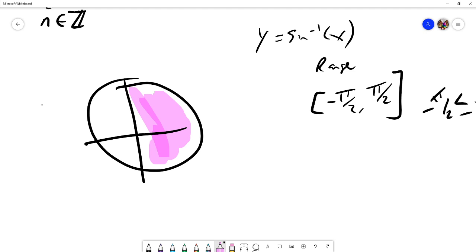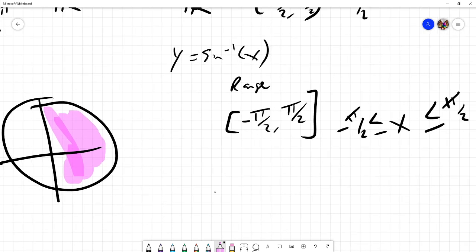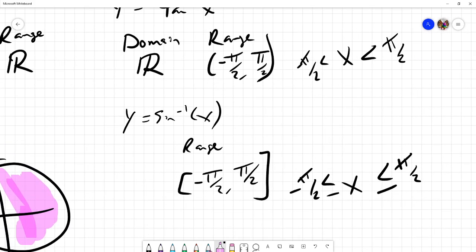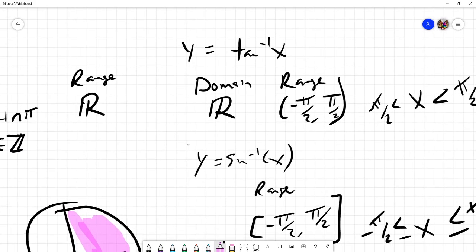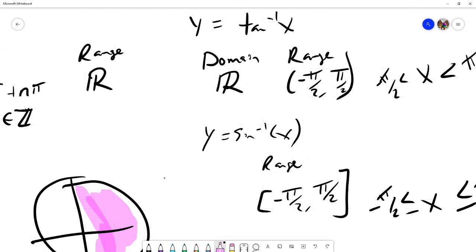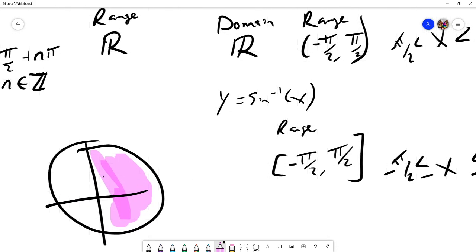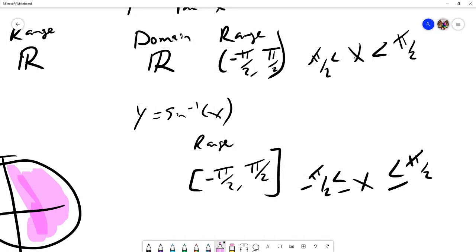All other angles it will give out though. So that is just something to keep in mind, just visually speaking. That's very useful. Alright, so we got domain and range of arctangent now. So arctangent gives you almost all the angles like arcsine. It's just one includes two more values than the other.